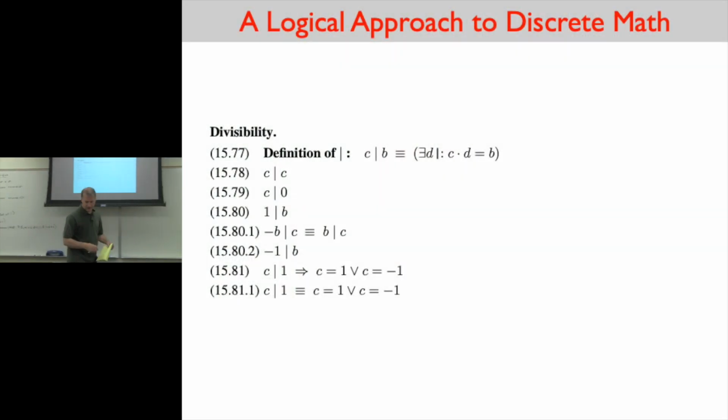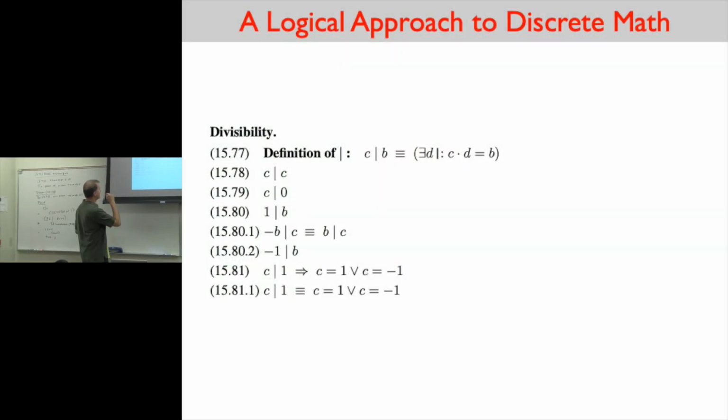How about 15.78? 15.79, C divides 0. 15.80, 1 divides B. 1 divides anything, right? 15.80.1, negative B divides C equals B divides C. 15.80.2, negative 1 divides B. And 15.81 is C divides 1 implies C equals 1 or C equals negative 1.